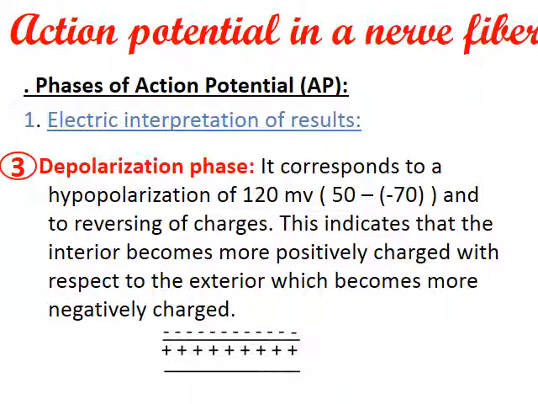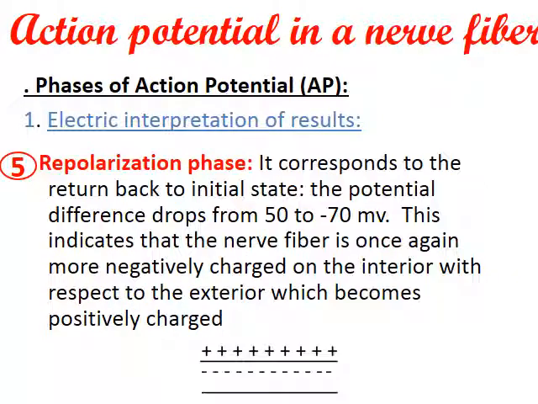Here we have some phases of the action potential. Electric interpretation of the potential difference. Depolarization: what happens? It corresponds to a change of 120 millivolt. We have 50 minus minus 70, it's 50 plus 70, so it's 120. This indicates that the interior becomes more positive compared with the exterior, which becomes more negative.